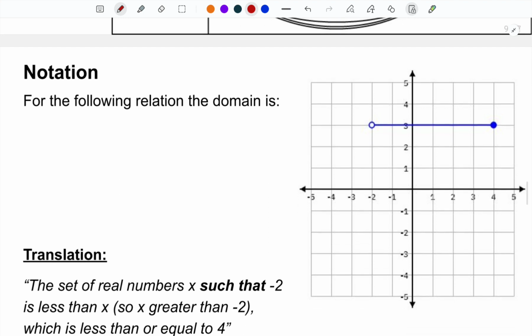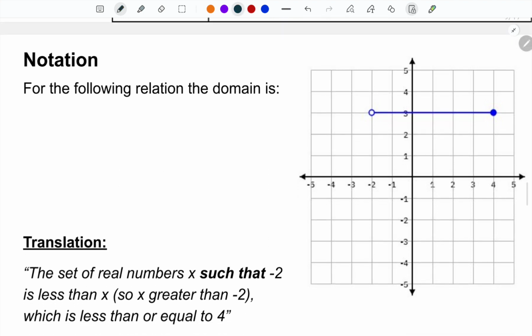For the notation, we are going to indicate our input, or in this case, what possible x values we can have on the graph. If we're looking at it from left to right, because we're looking at x values, which is the horizontal axis, we're looking at numbers from -2 all the way to 3, or actually 4, I should say.